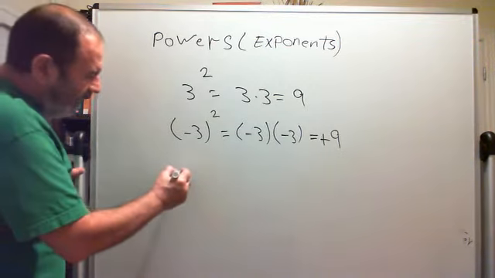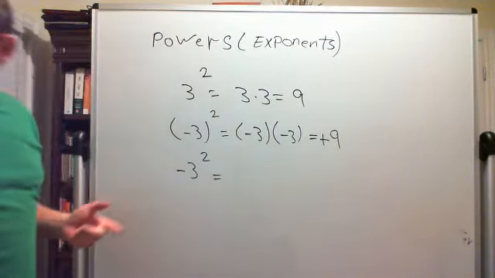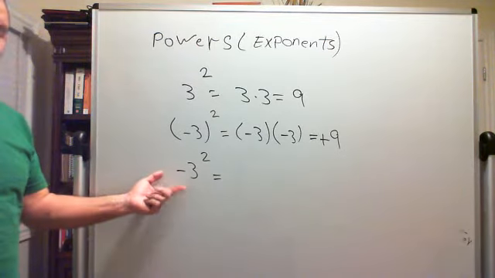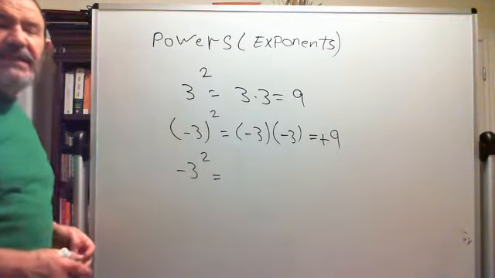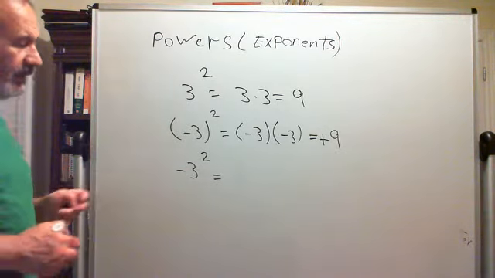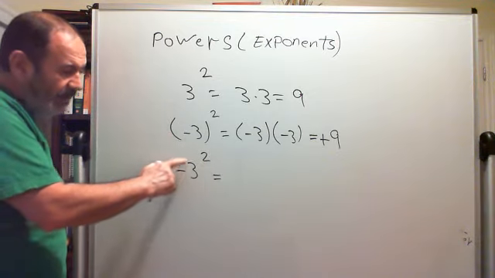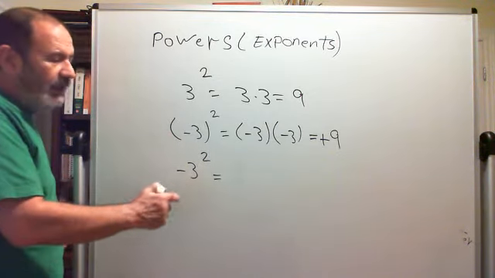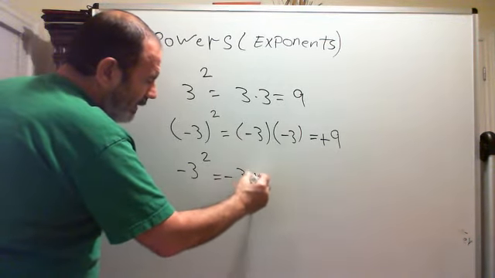What about this one? Negative 3 to the power of 2. Can you see in this one the negative 3 is not inside the bracket? It means this exponent 2 doesn't affect this negative. It affects only this 3. So it's going to be negative, then 3 times 3.